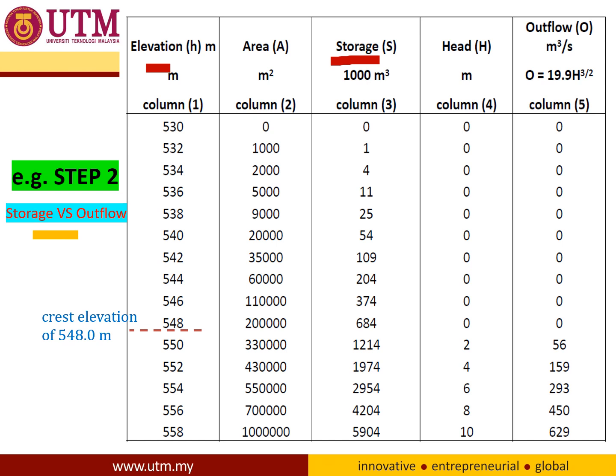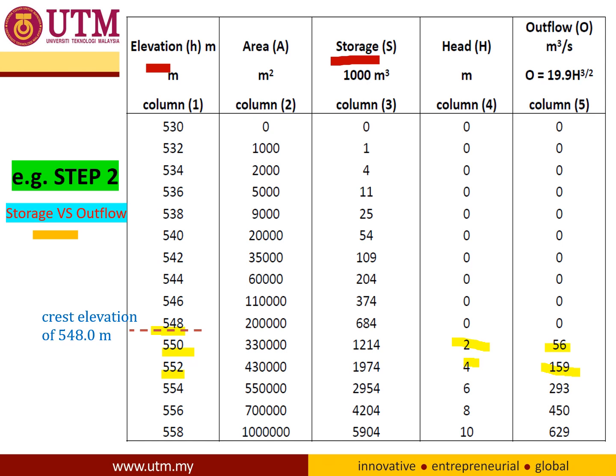Let's say we know that the crest level of the spillway, because it uses a spillway, is 548. So we calculated from the previous slide for elevation of 550, we get the head as 2 meter. And then using the formula of the hydraulic structure, you get 56 meter cube per second for the outflow, and so on. 552 minus 548, you get 4, and then use the formula, you get 159 meter cube per second for the outflow.